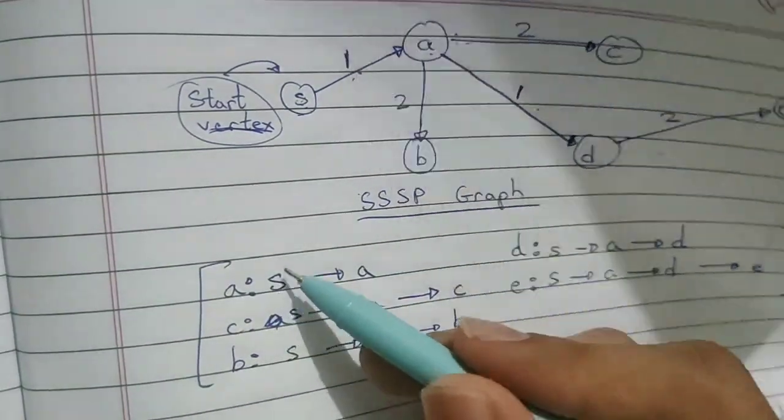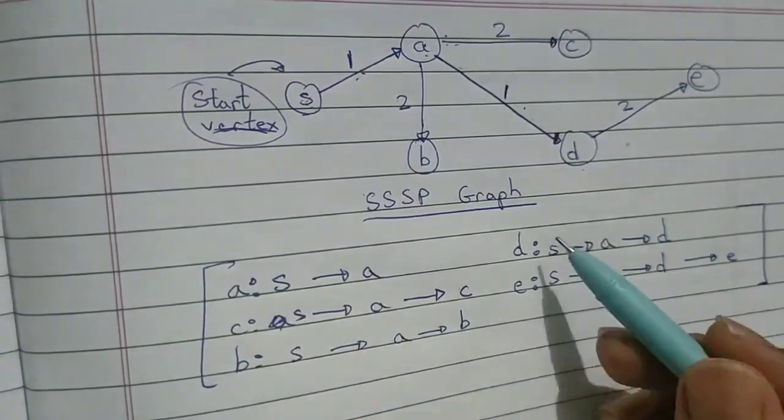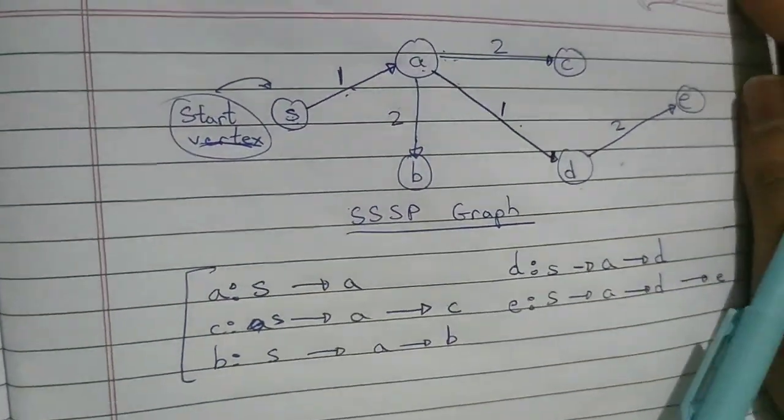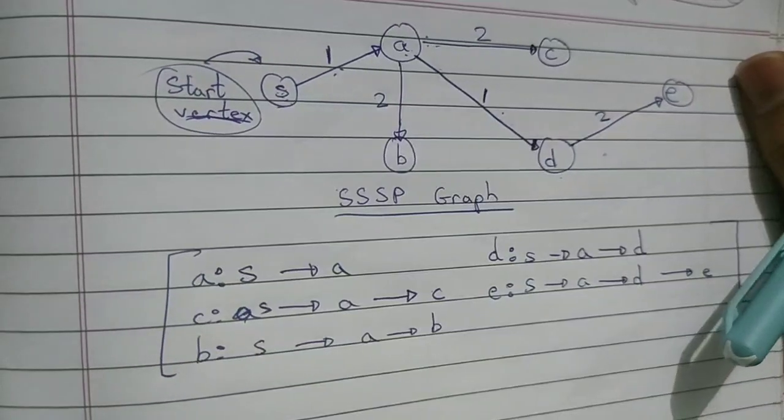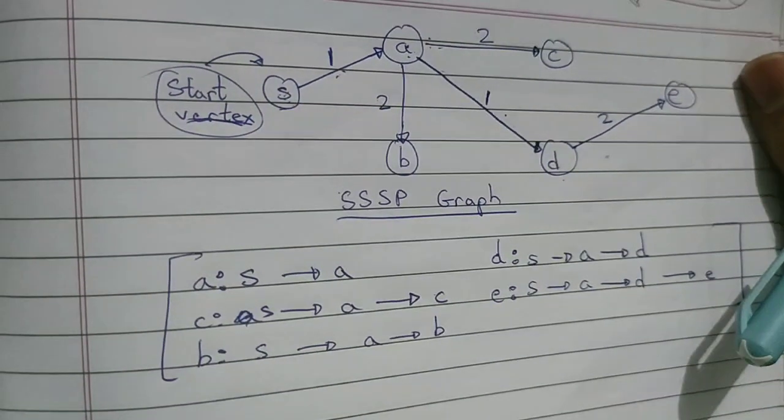But this is basically the path if you want to traverse from the start vertex to any vertex. See, this is for S to A, S to B, S to C, S to D and S to E. And I guess with that you can end this numerical.